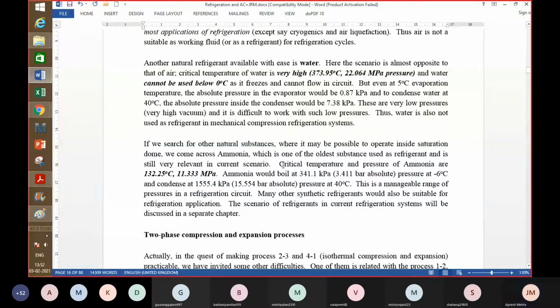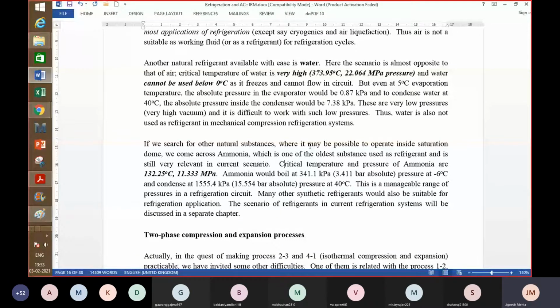So ammonia has been one of the oldest refrigerants and is still very relevant in the current scenario. The critical temperature and pressure of ammonia are 132.25 degrees Celsius and 11.333 megapascal.